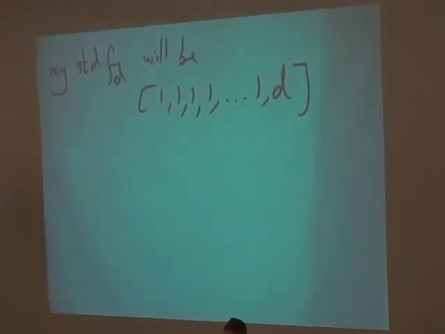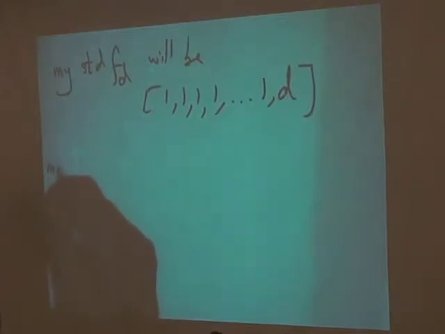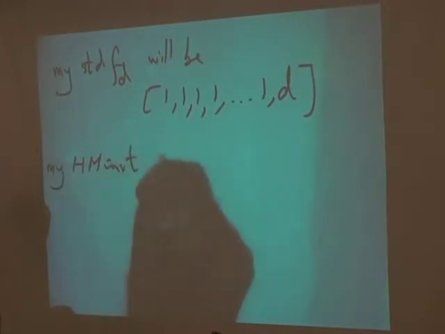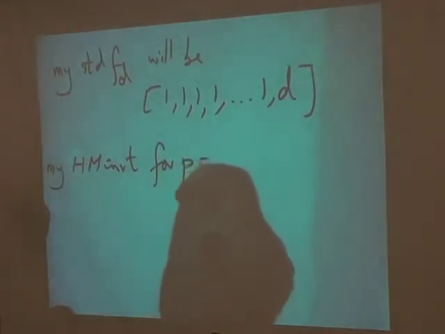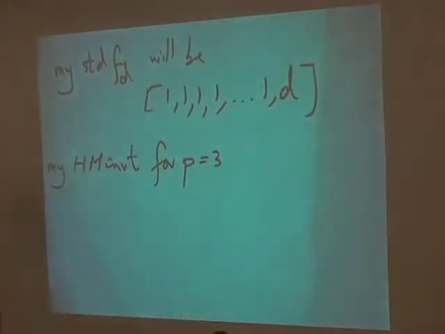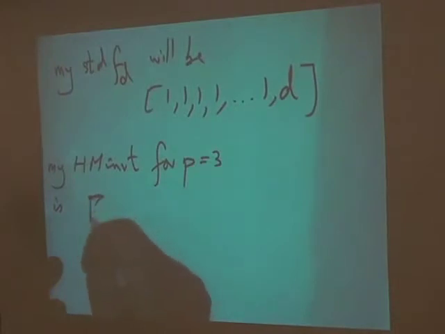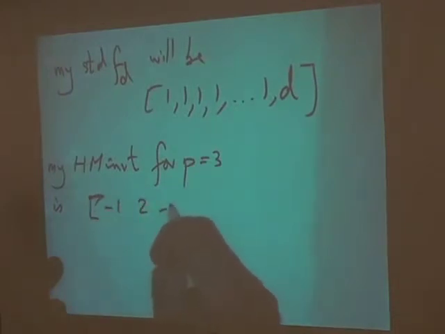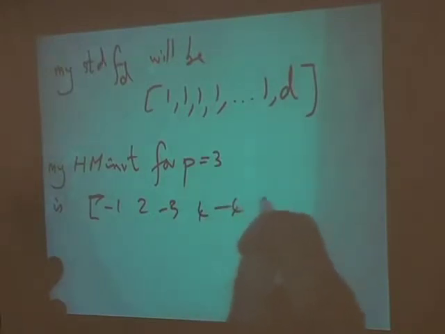What am I trying to say? How do we work out what my Hasse-Minkowski invariant is? Let me just give you one. My Hasse-Minkowski invariant for p equals 3 is, now this is for, hang on, -1, 2, -3, 4, -4, -5, 6, -7, 8.